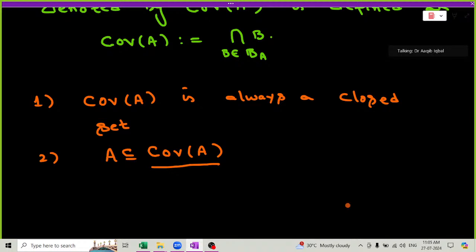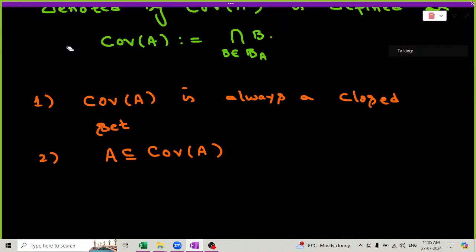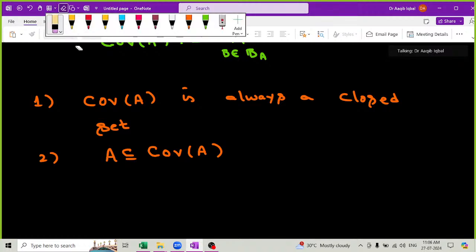So that means A will be contained in the cover of A. So this also holds. The reverse inclusion may or may not be true. The cover of A may not be contained in A.